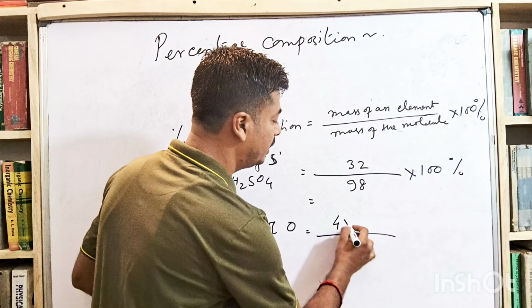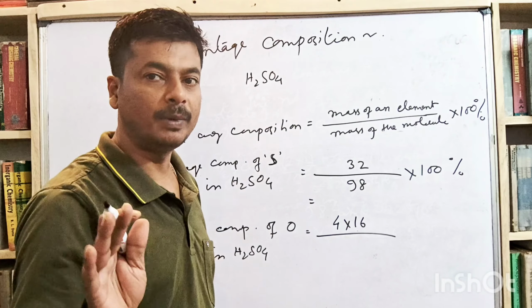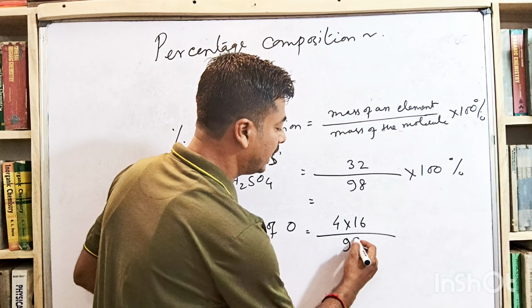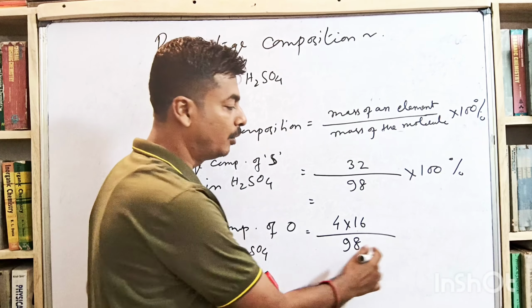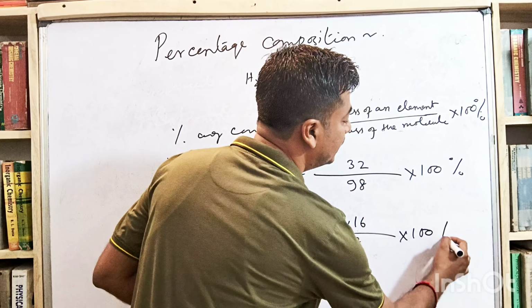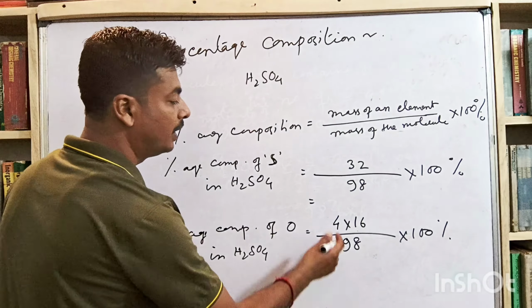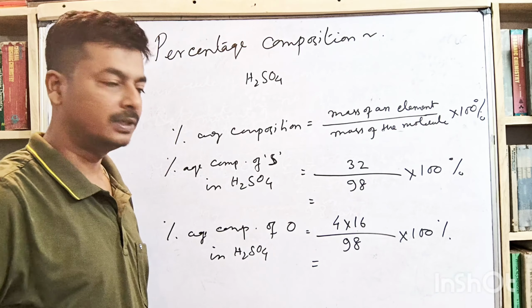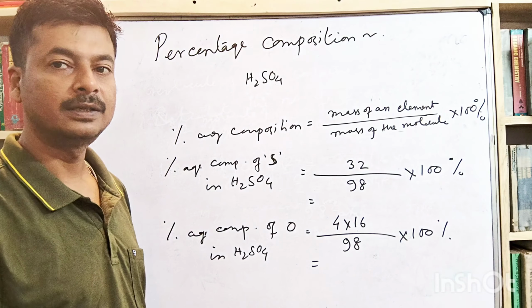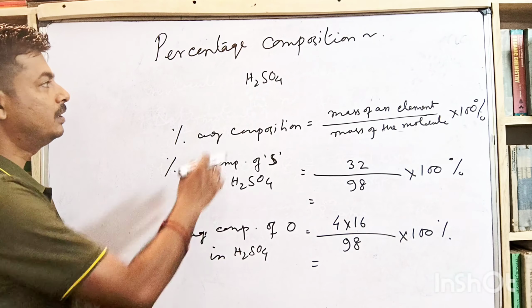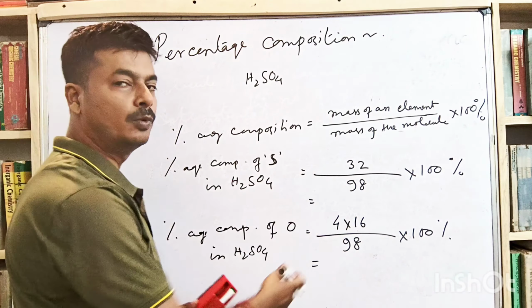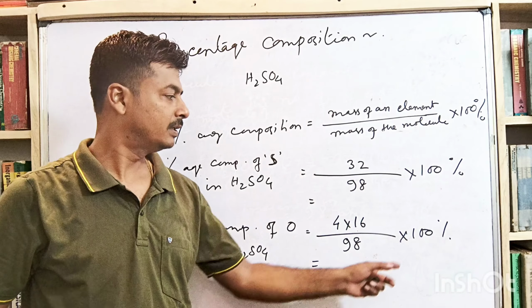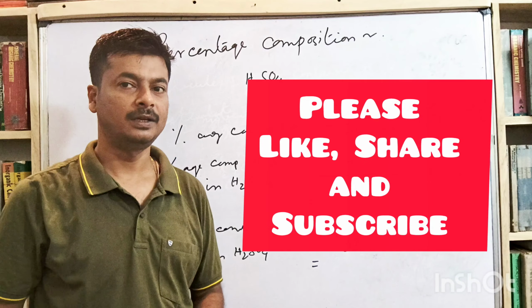So 4 into 16 is the total mass, divided by 98, the mass of the molecule, into 100%. Same way, if we do the calculation, we will get the answer. Same way, hydrogen, 2 hydrogens are there, 2 into 1 divided by 98 into 100, that is the answer.